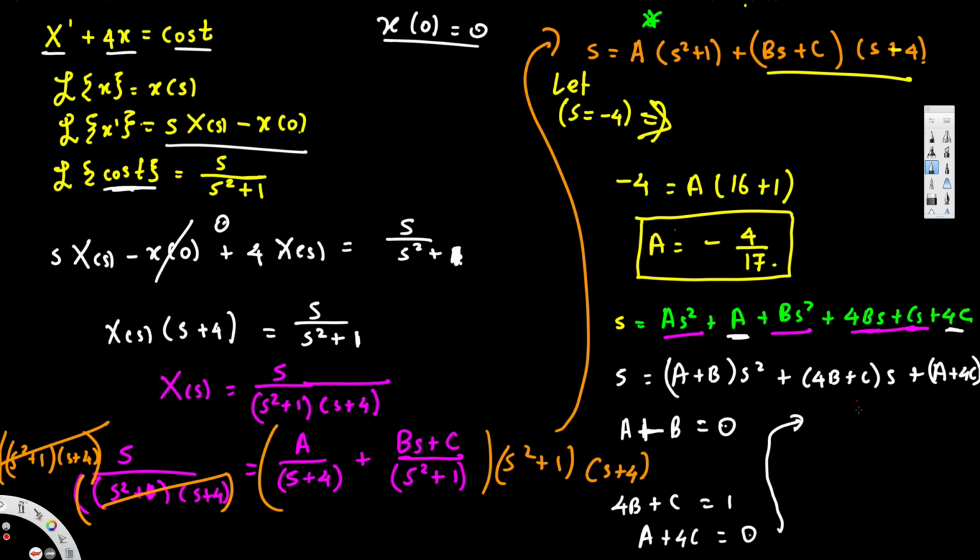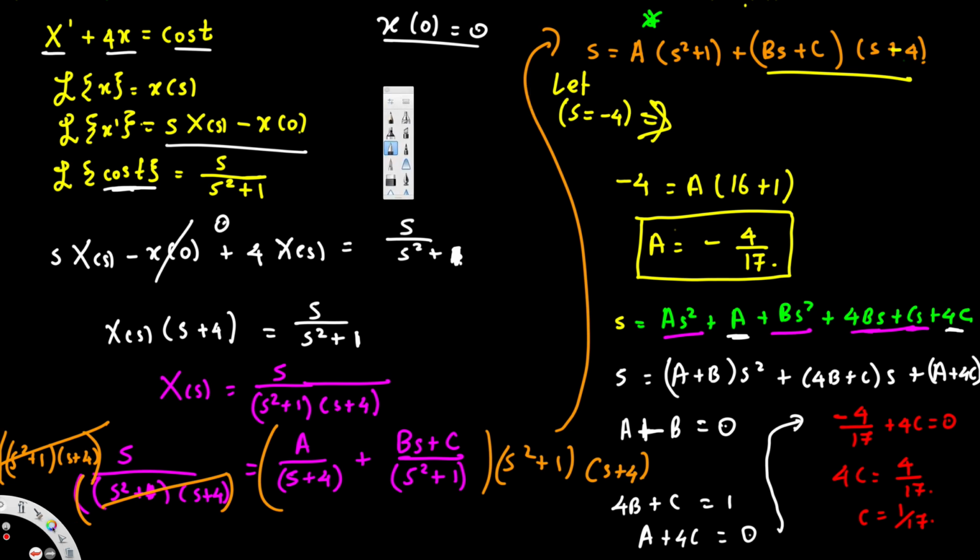Now a is negative 4 over 17, plus 4c is equal to 0, therefore 4c is equal to 4 over 17, therefore c is equal to 1 over 17. Now we have solved a and c.